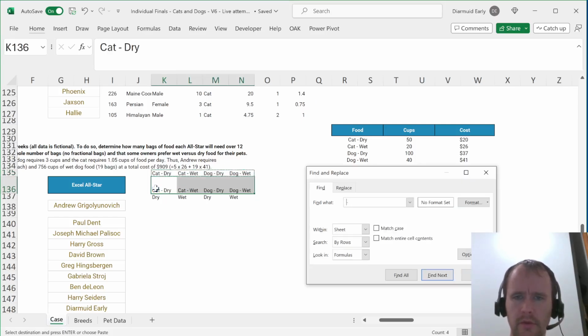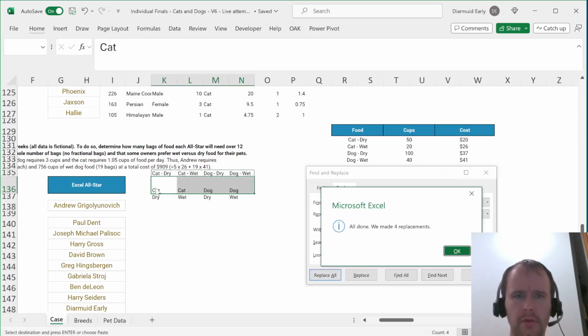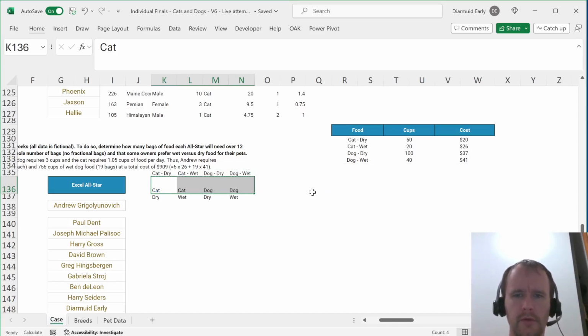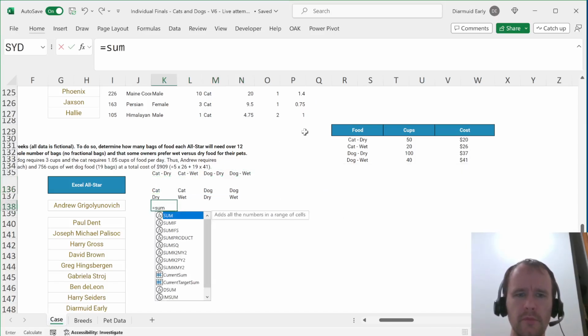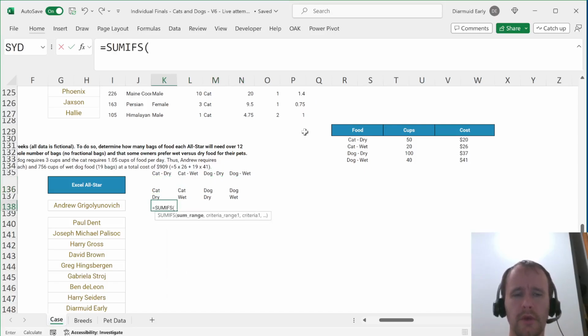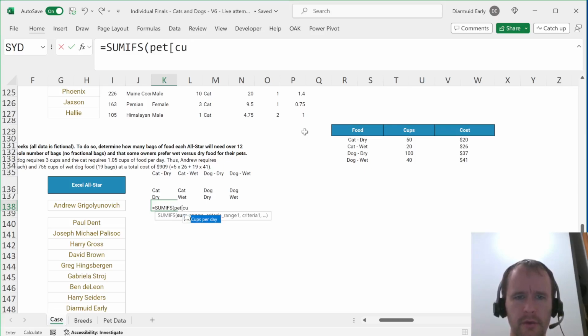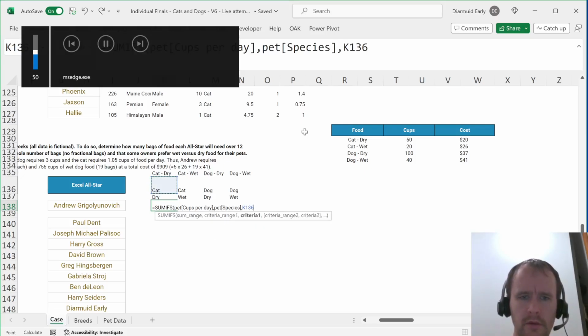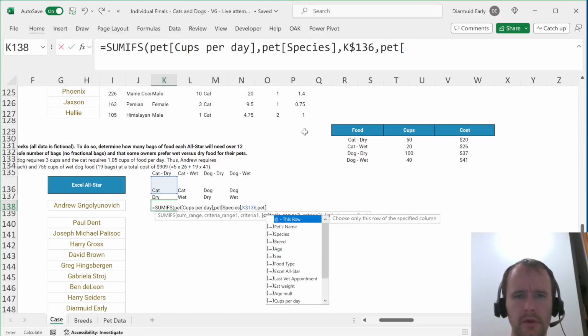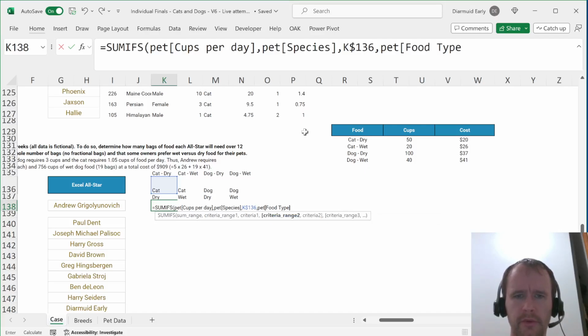Okay, so then on some ifs, pet cups per day, where pet species is this, and where pet food type, there it is, is this.